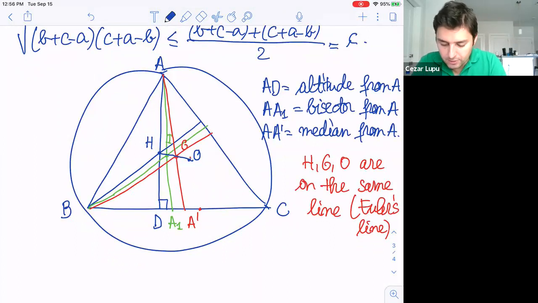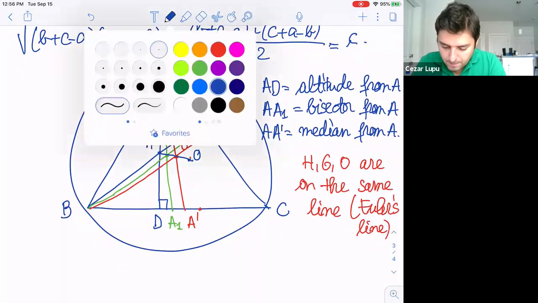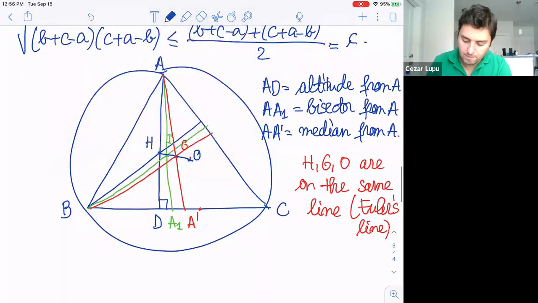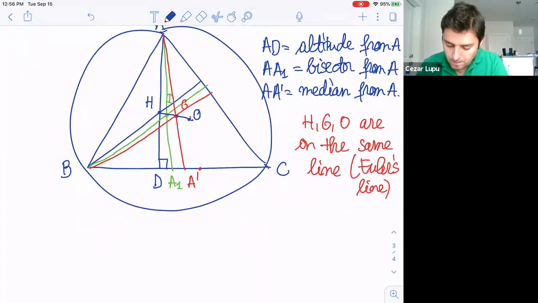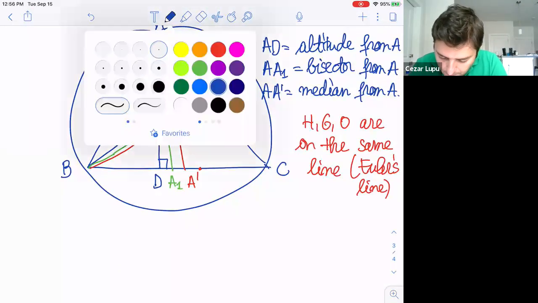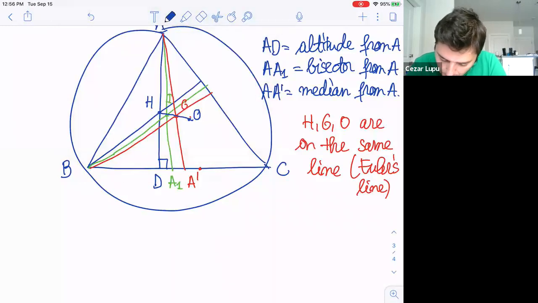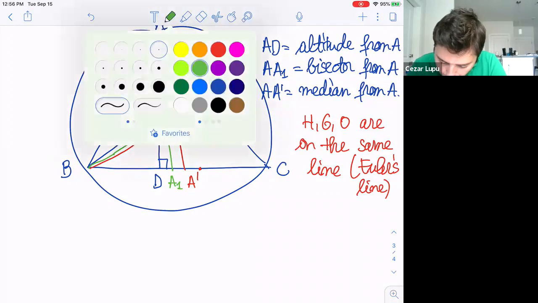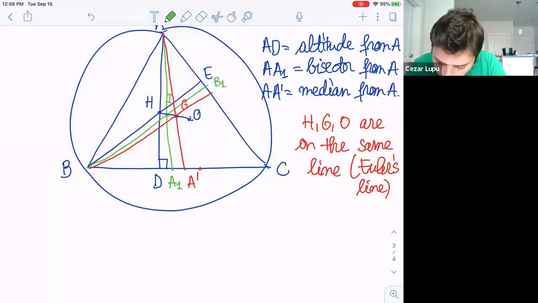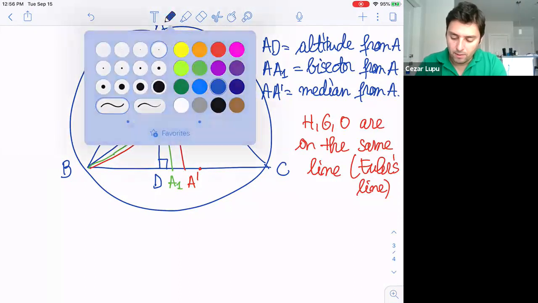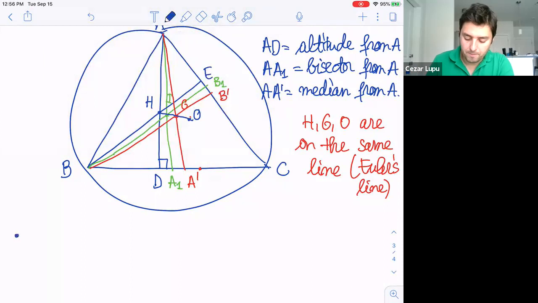G is the intersection of the medians. Let me say this again. Let me write B, E, then B1, and then B prime. You can draw the other three. The moral of the story is the following.